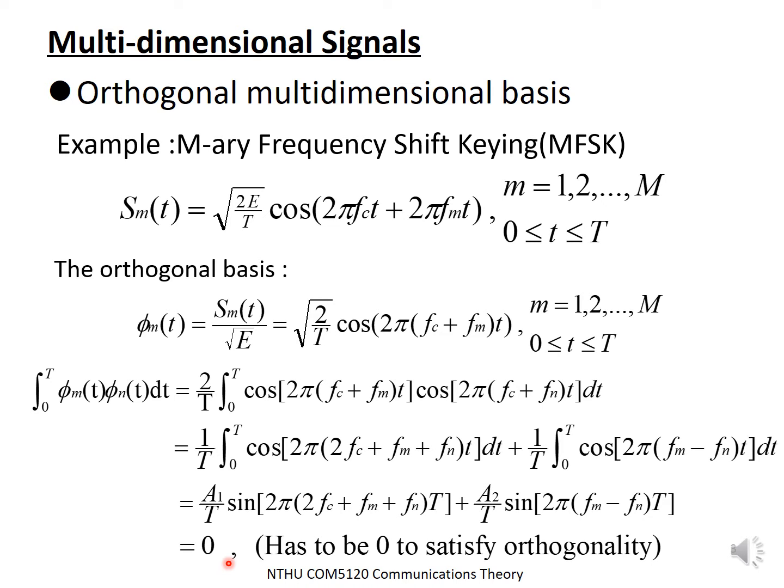Of course, you can argue that we can have these two terms, the sum of these two terms, be 0, one positive and one negative, and together the summation is 0. It's fine, and that is also satisfied. You can select the carrier frequency very carefully so that the first term and second term cancel out each other.